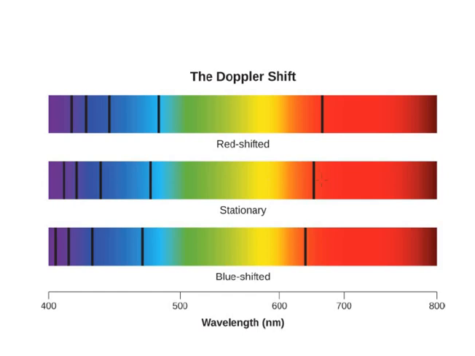Suppose there is a motion of the star towards us or away from us, then there will be a shift due to the Doppler effect, and we will observe this in the spectrum as you can see here. The greater the shift, in fact, it means that the faster the star is moving.